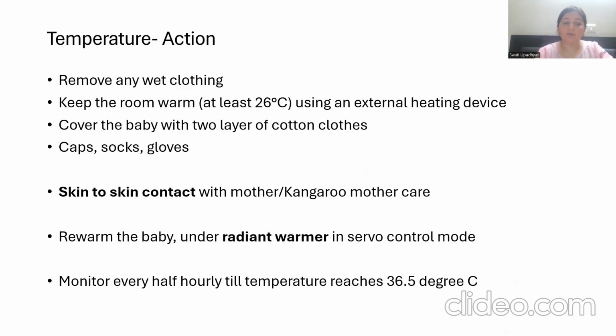This is very important because hypothermia or a low body temperature is very important in predicting outcomes of babies. It has been seen that even a 1 degree drop in temperature of the baby can increase the risk of death by 28%. That is why it is very important that euthermia is maintained in newborn babies.